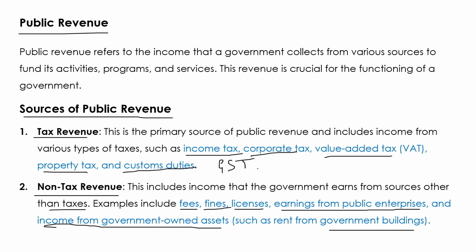And also earnings from public enterprises, for example transportation, bus service and railway service, like that. And income from government owned assets. So this is the main non-tax revenue of the government.